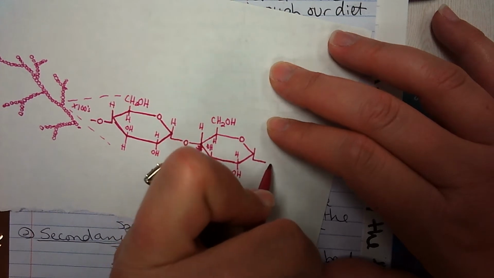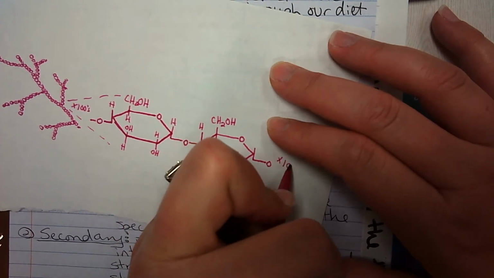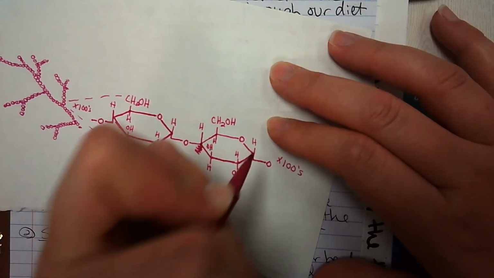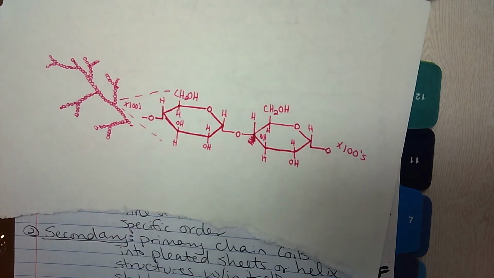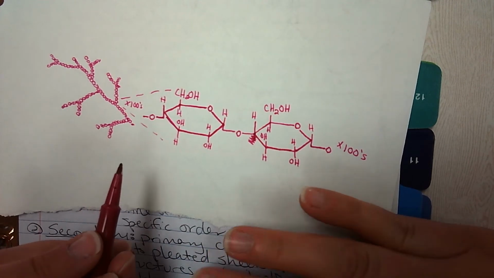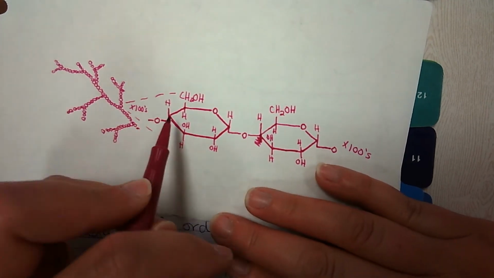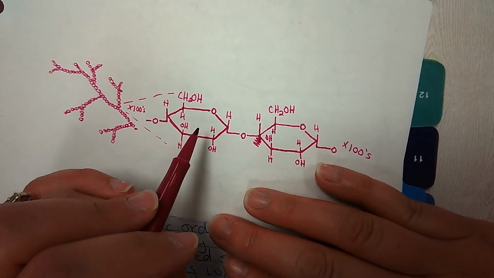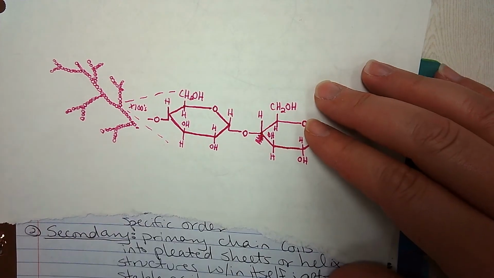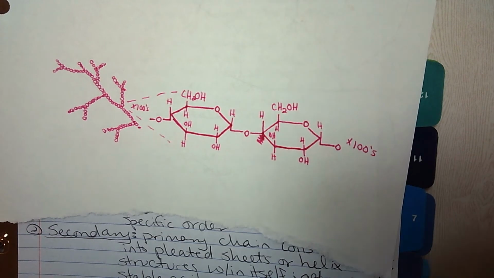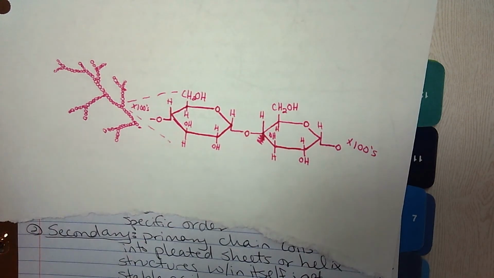And then it just keeps going. Okay, so if you're zooming in and looking at one of these polysaccharides up close, you can see that they're just monosaccharides linked together through bonds. So that's all on carbohydrates. The next video will be proteins.